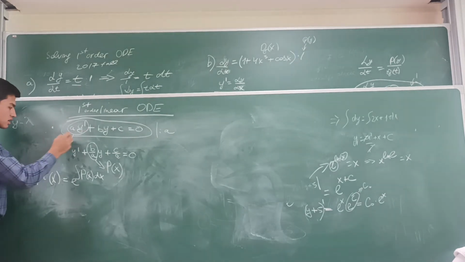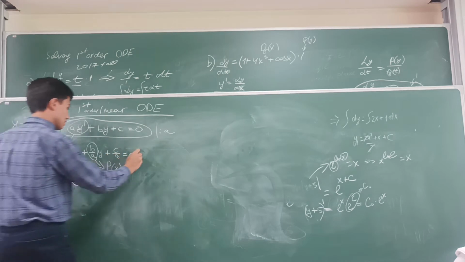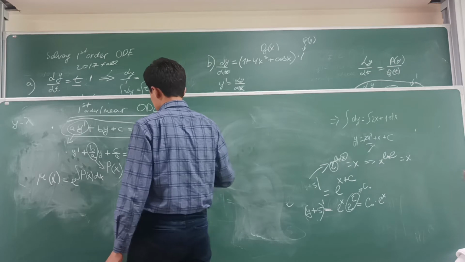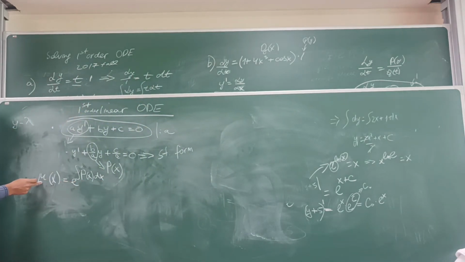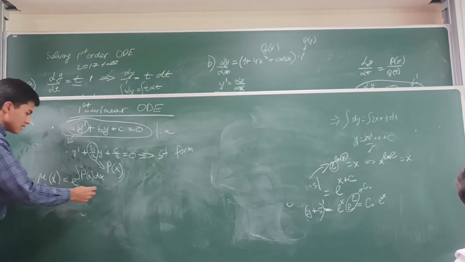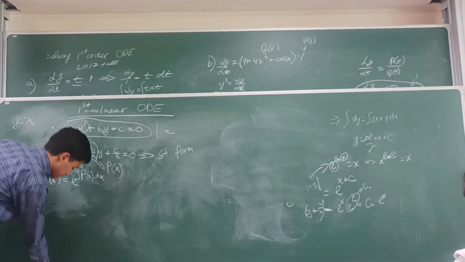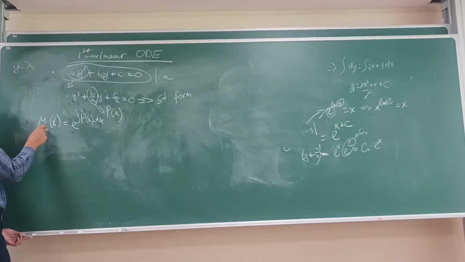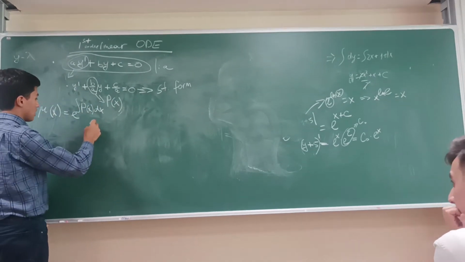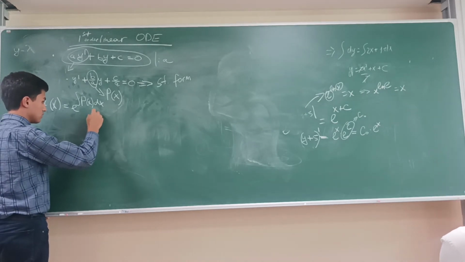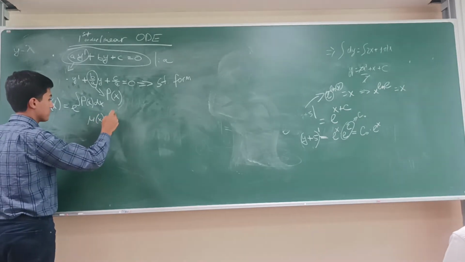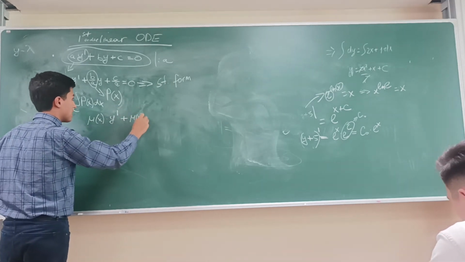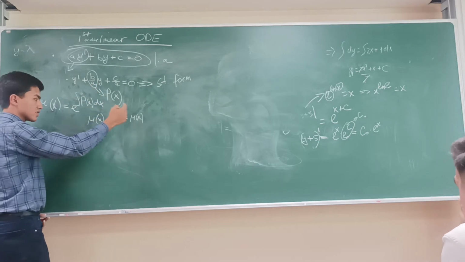Firstly, you have found the standard form. It's called standard form. And then you find the integrating factor, mu of x. And then you multiply both sides of the standard form by this mu of x. So you have mu of x multiplied by y prime plus mu of x multiplied by p(x) y.